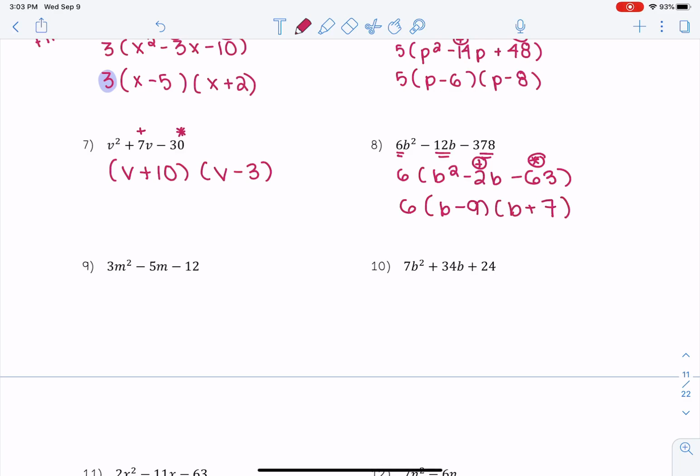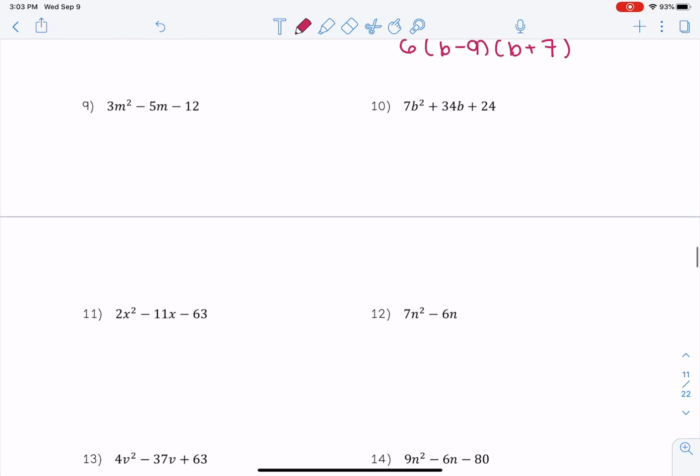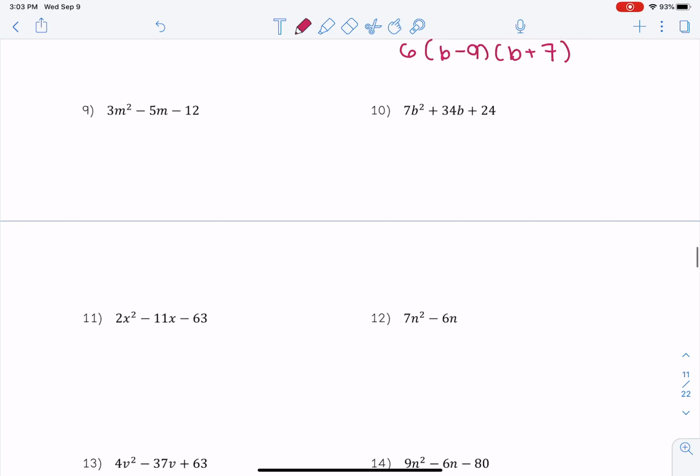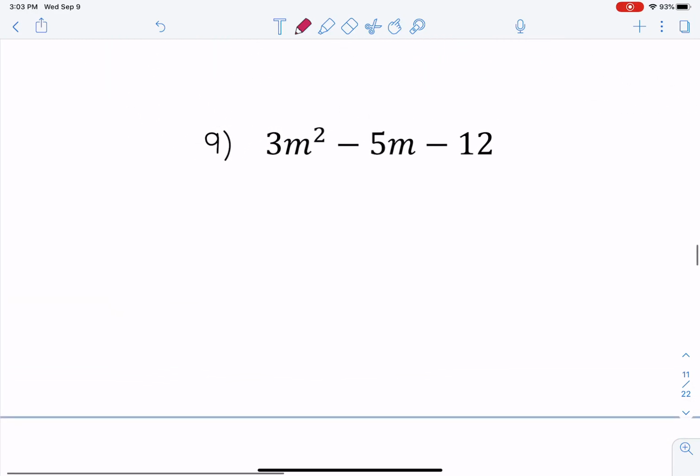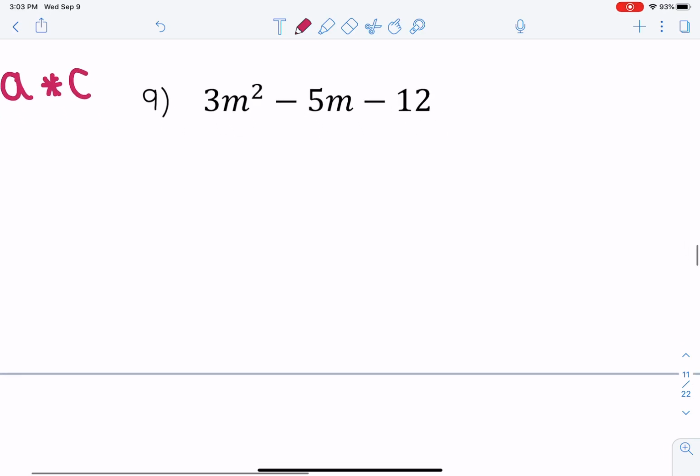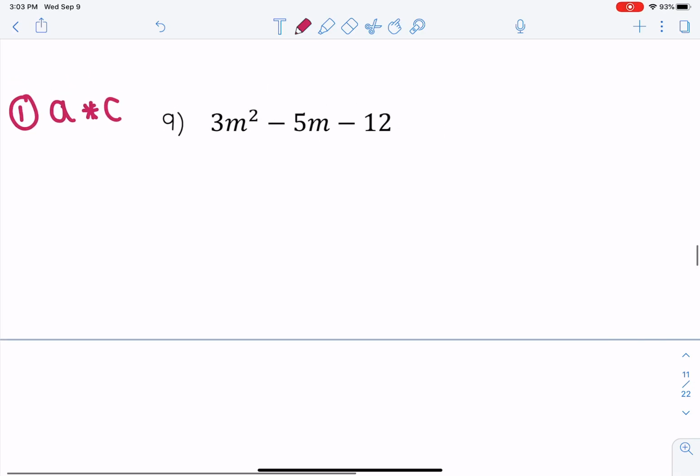Now we get to everyone's favorite problems where it gets a little bit trickier. I can try to factor out a 3 in this first problem, but notice it doesn't work. So what I'm going to do, my first step, is to multiply a times c. So 3 times negative 12 gives me a negative 36.